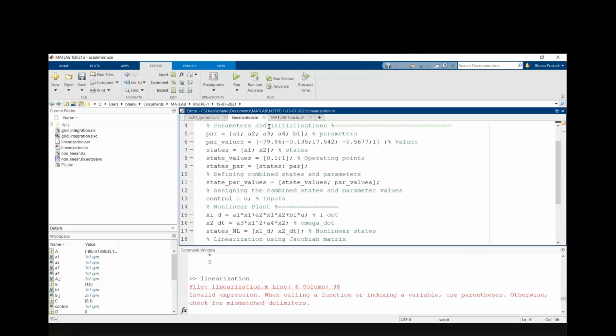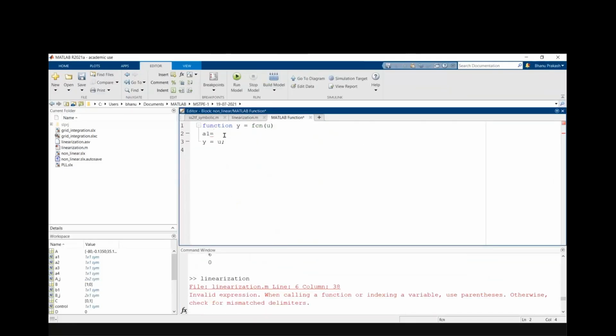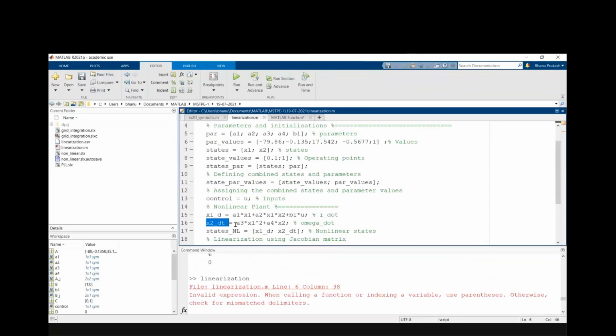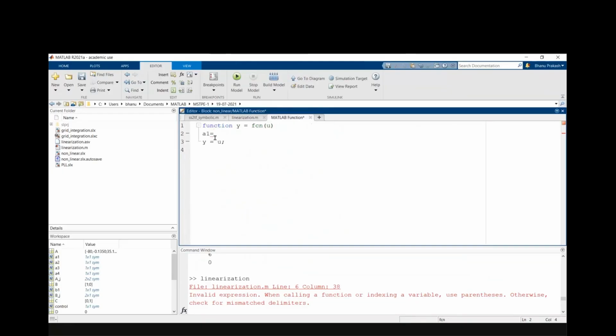So for this linearization, what I thought of doing is now I'm writing a nonlinear function only. I am not going to write a linear function. So for this one, x1d and x2d, these are my values. Control C. Let us leave that value first. We'll write this equation. So now I need two functions. One is x1.